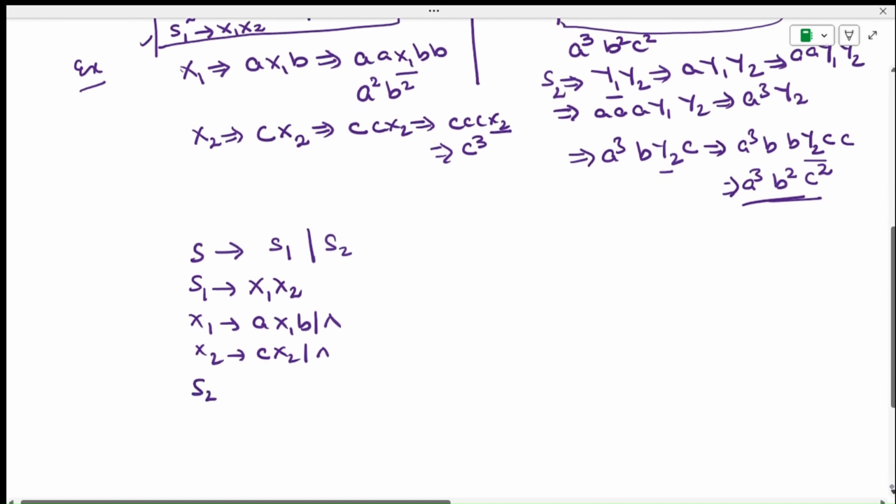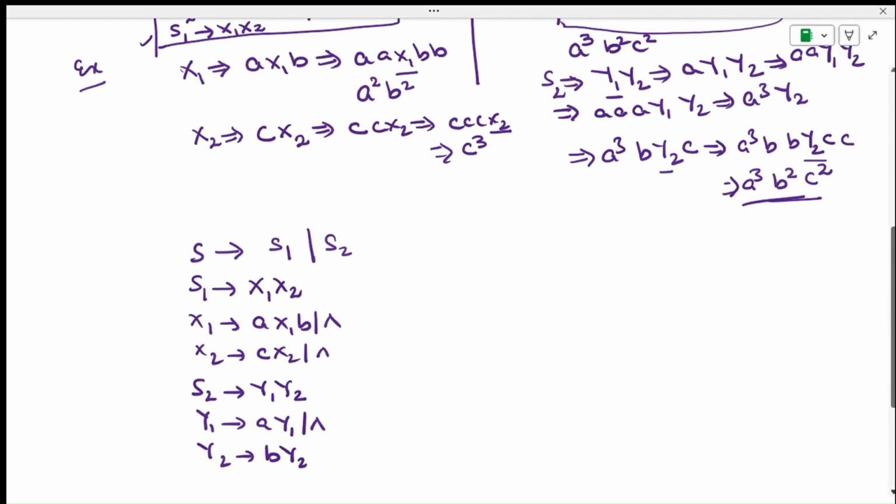S2 is nothing else but Y1 Y2, where Y1 is A Y1 or null, and Y2 is B Y2 C or null. So this is the context-free grammar for the language.